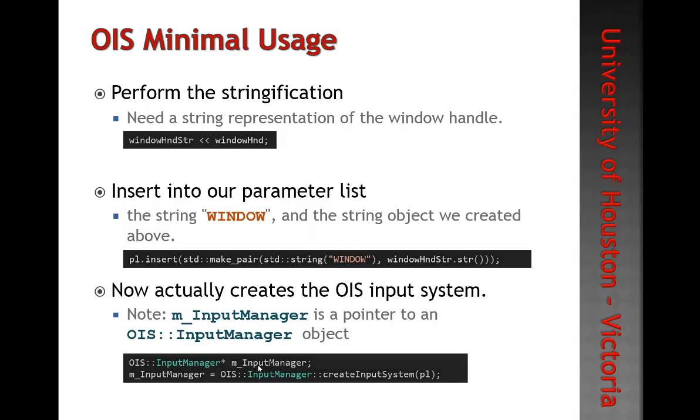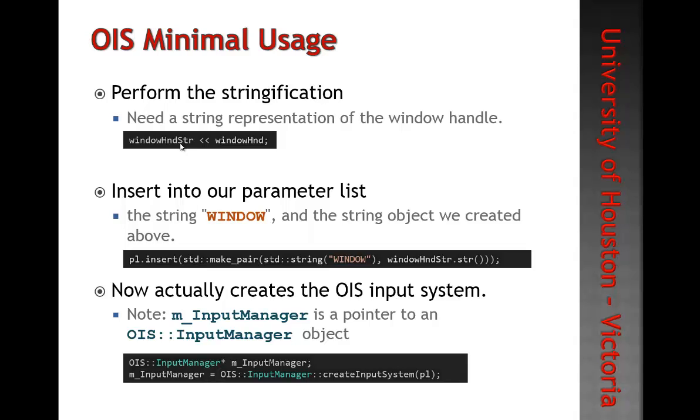Next, we will take the window handle and stringify that. So we use the stream operators, which are the two less-than signs. We put the window handle and its string version into the window handle str, which was the string stream variable we created.